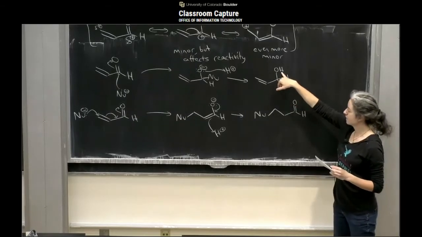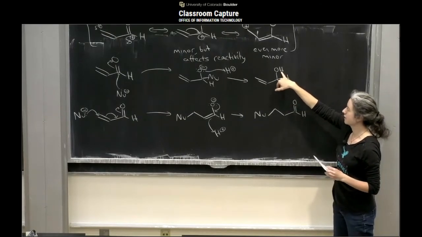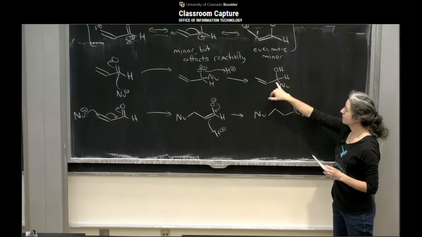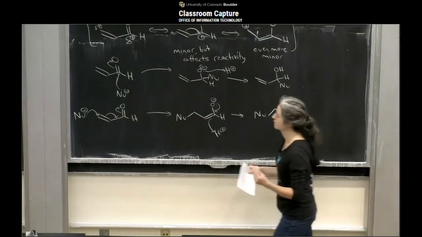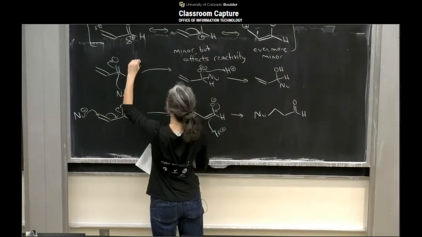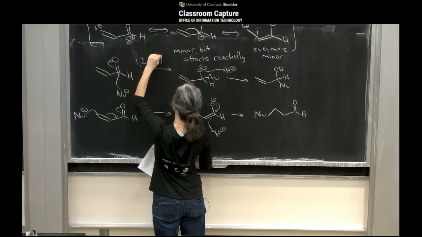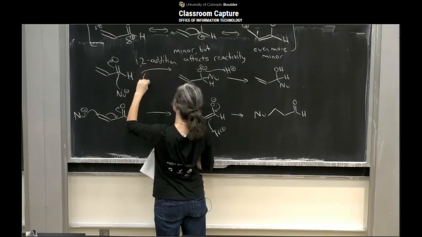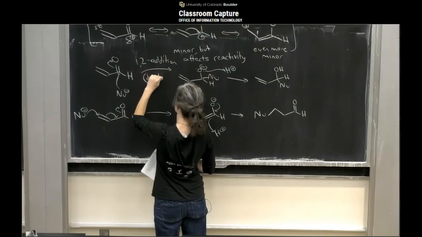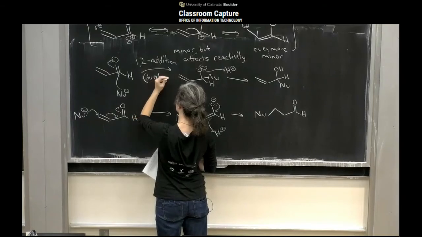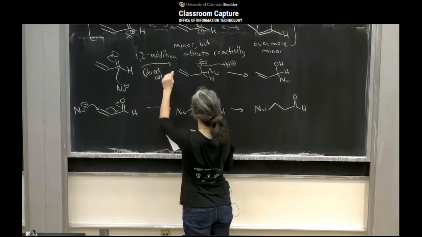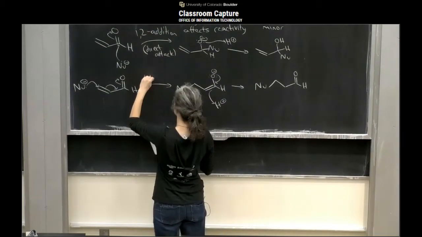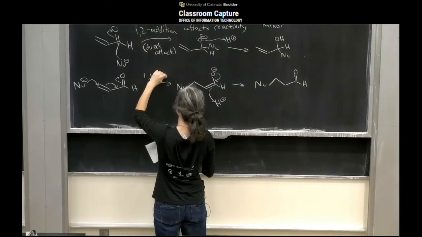And if we look at the proton as something that also got added to the molecule, this is sort of a 1,2 type of addition, just like the 1,2 alkene additions we saw before. Or direct attack, or direct addition. And these are the 1,4 addition.